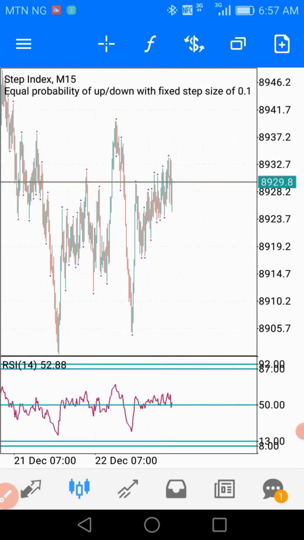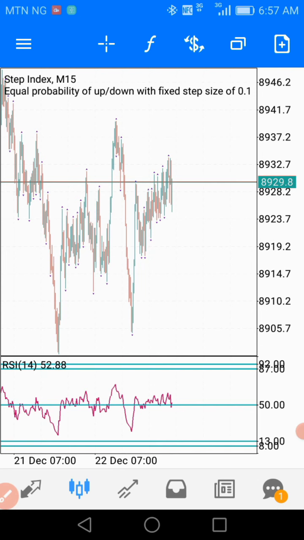However, sometimes, now take note of what I'm about to say now, there exists a kind of unusual discrepancy, unusual disagreement between price and the indicators. Don't worry, I'm going to show you what I mean.